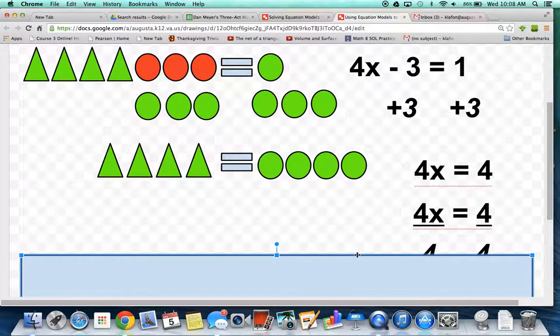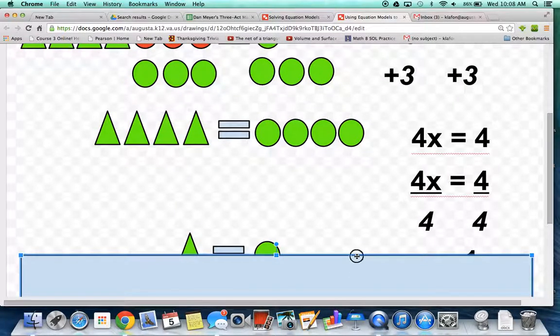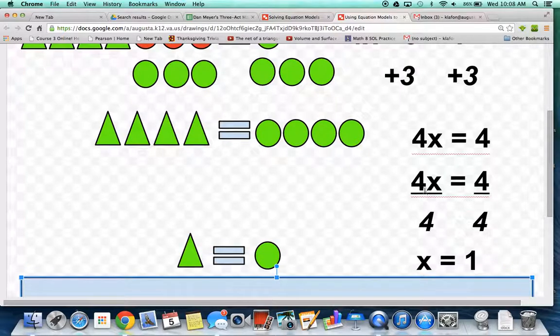In my equation, how I could solve that is the way we've been doing it before. You guys already know this. We would divide both sides by the coefficient, or 4, to get the value. So in the problem, 1 triangle equals 1 circle, or x equals 1.